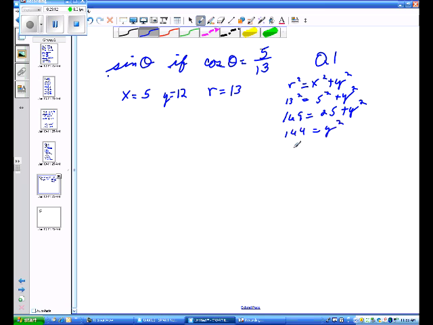And subtracting 25, 144 equals y squared. Then we take the square root of both sides, so we get plus or minus 12 equals y. Well, we have to know, is it the plus or the minus? That's where we use that it's in quadrant 1. In quadrant 1, y is positive, so it's going to be the positive 12.